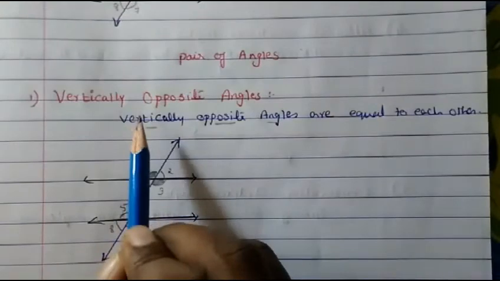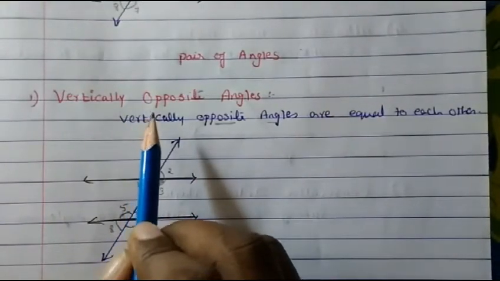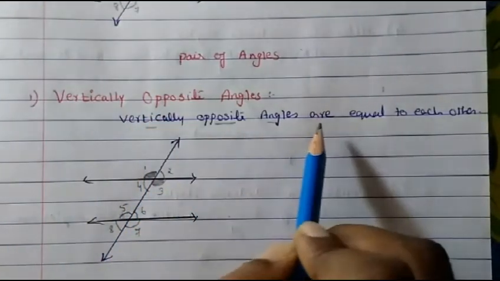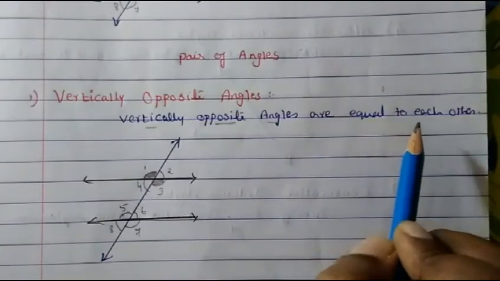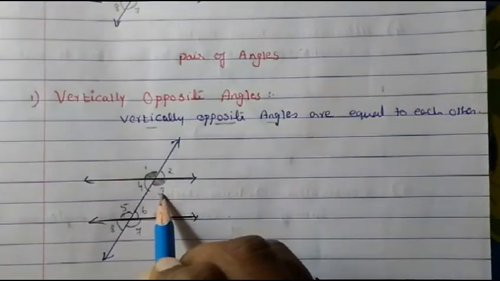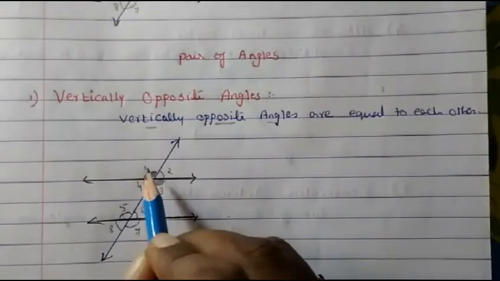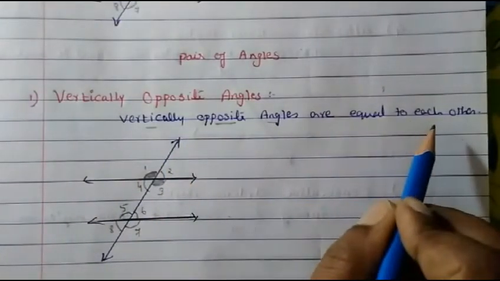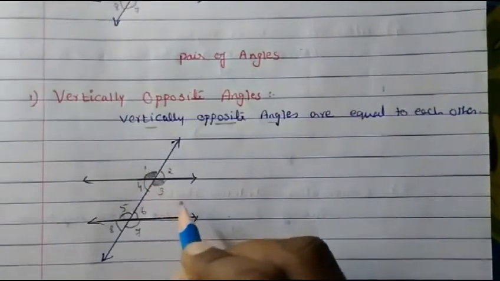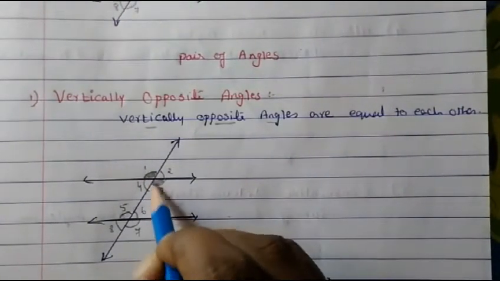We have proved in the previous videos that vertically opposite angles are equal to each other. If this is 30 degrees, this also will be 30. If this is 60, this also will be 60 degrees. That is the meaning of vertically opposite angles being equal to each other. So 1 and 3 are vertically opposite and equal.